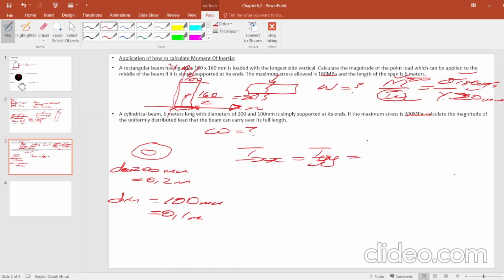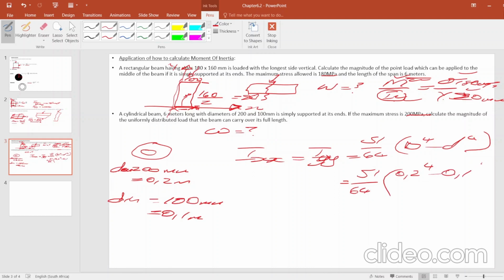Now I'm having pi divided by 64, open bracket, big D to the power 4 minus small d to the power 4, right? This is the formula that we need to use. There's no division there.